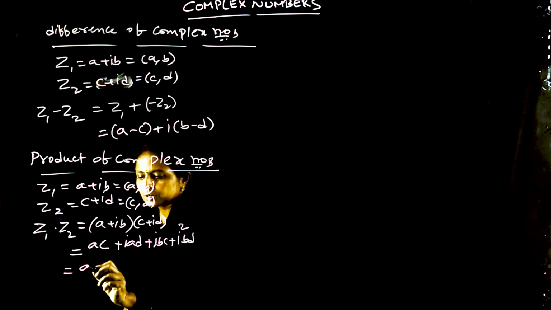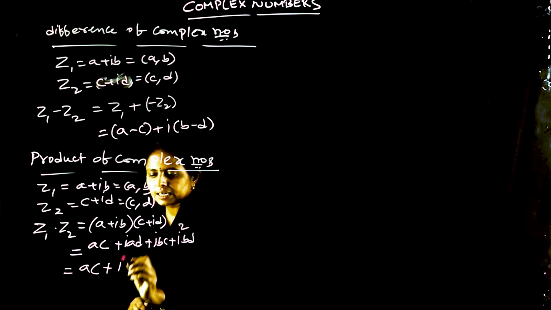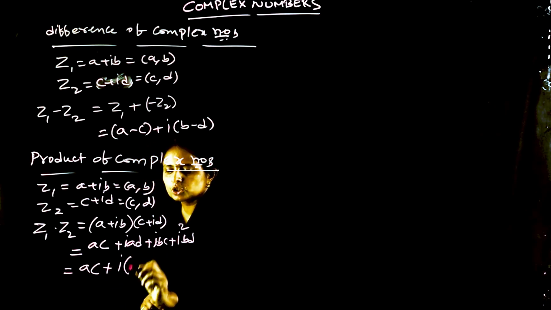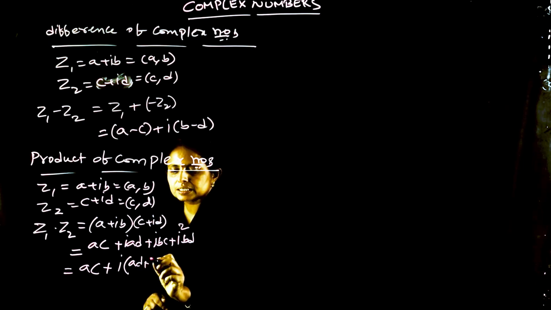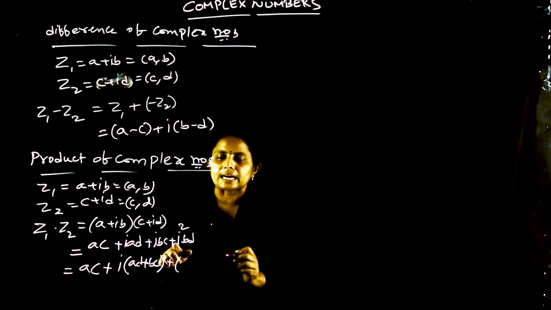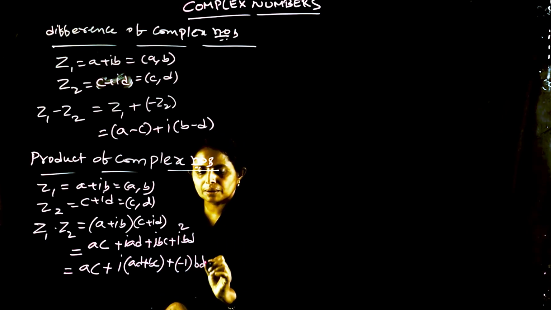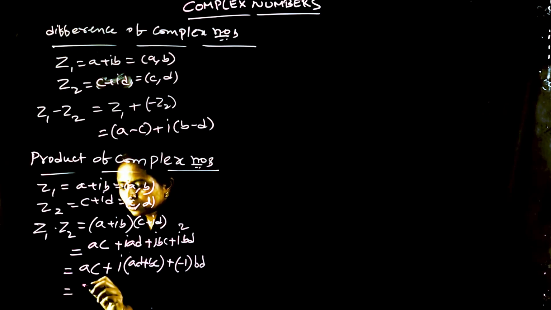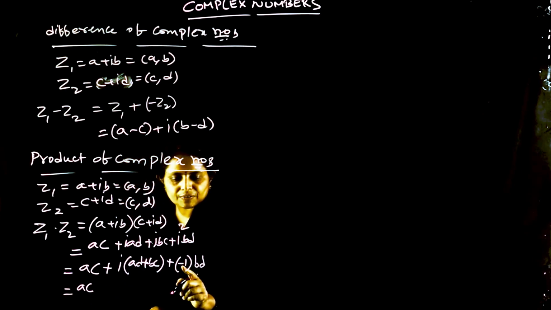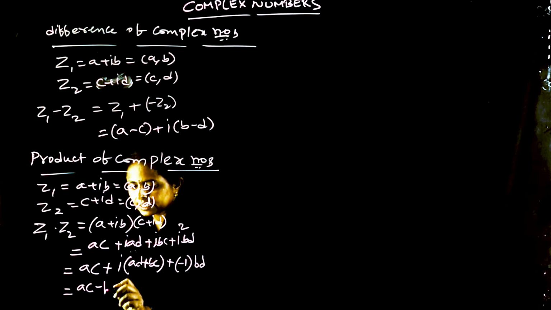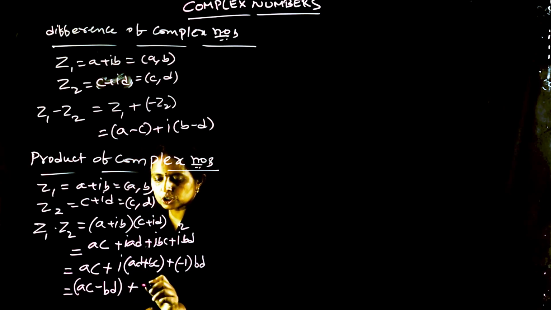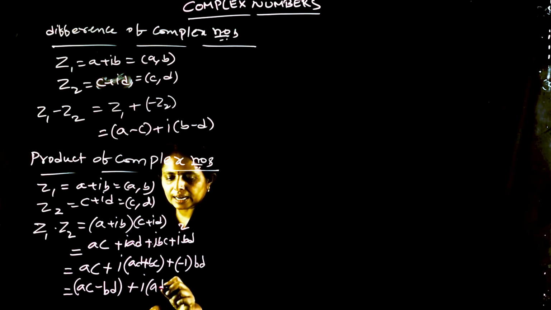So, which is equal to AC plus, if we take I common from these two terms, this is AD plus BC, plus, we know very well that value of I square is -1 times BD. So, which is equal to AC minus BD, which is real part of product of Z1 and Z2, plus I times AD plus BC.